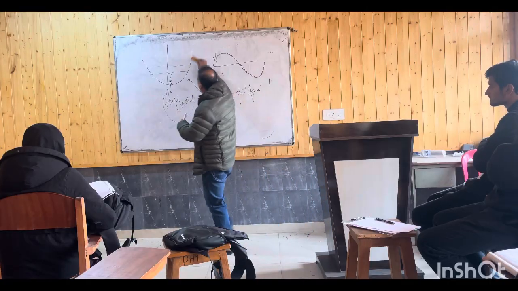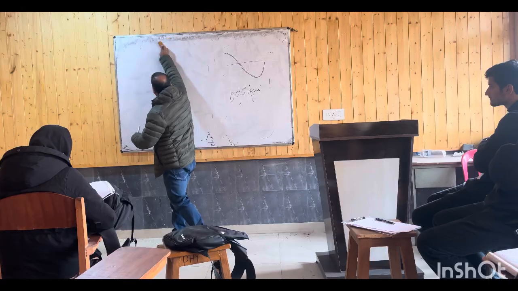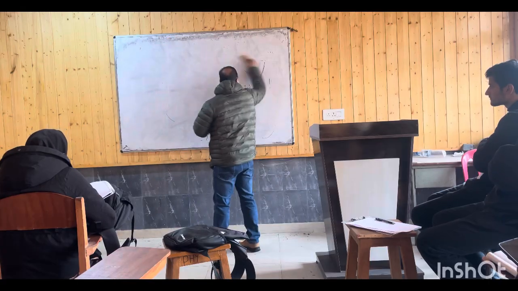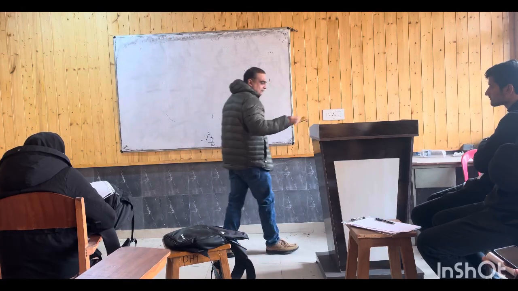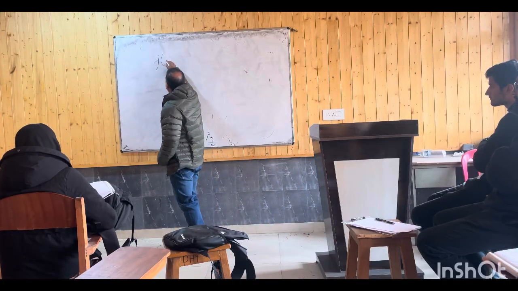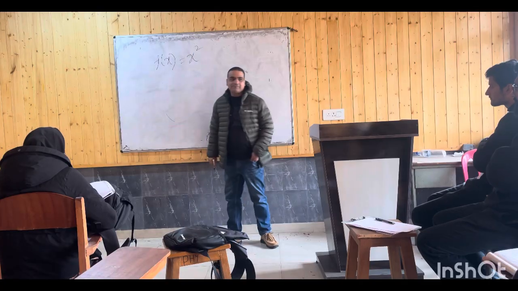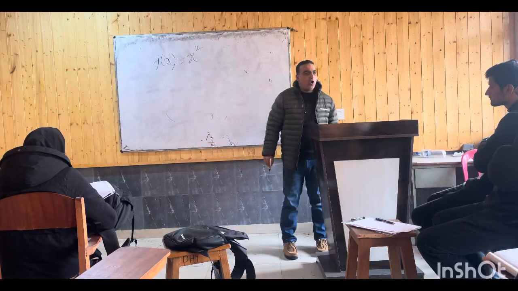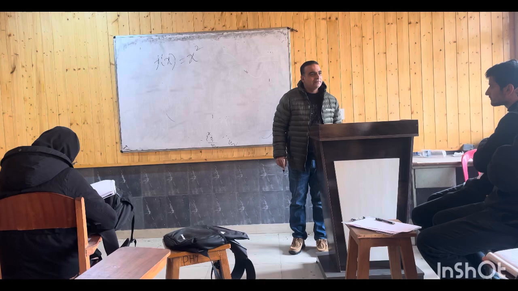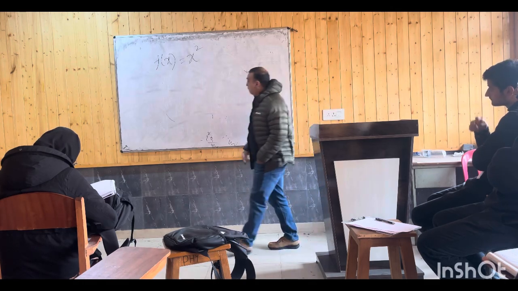Now, we can have an example of an even function. If I have a function f of x equal to x squared, is it an odd function or even function? It's an even function. Why?